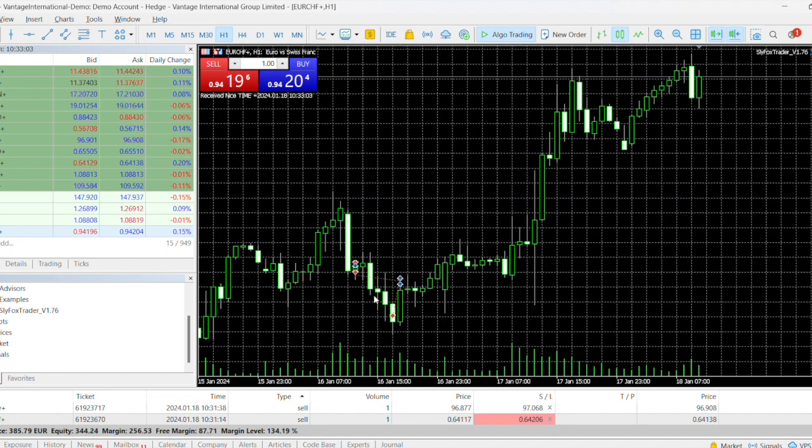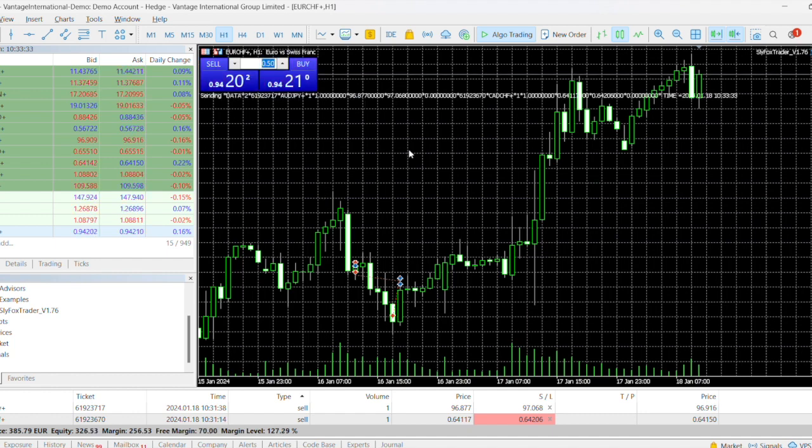We seem to have not enough margin because this balance is already quite low. So we will work with 0.5. Let me quickly update the balance of the demo account, and I will be right back.